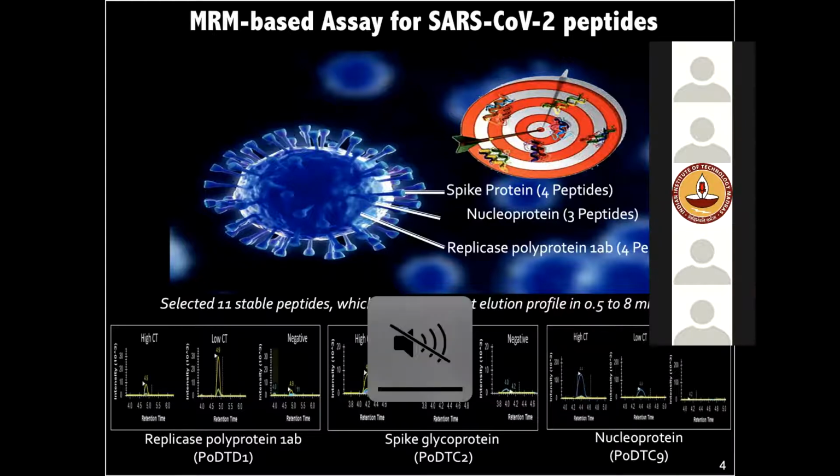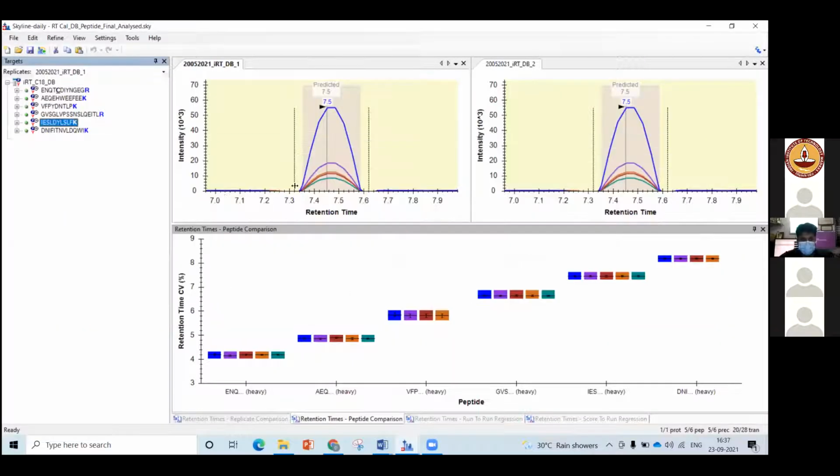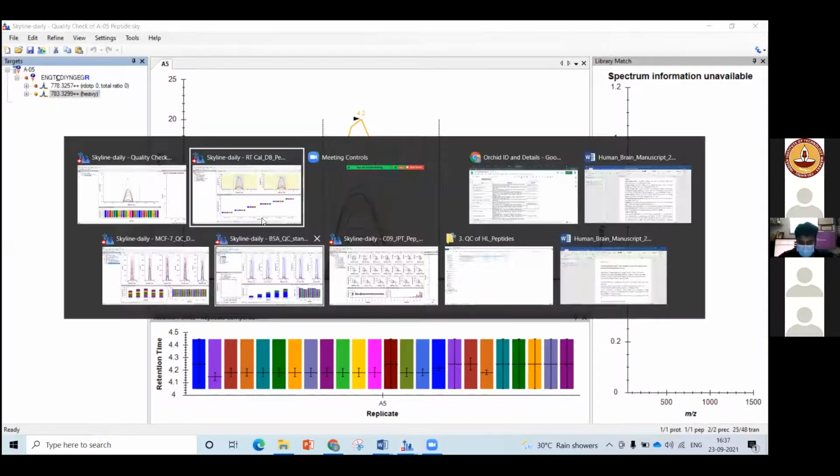Hello. So now let me share my screen once again. Hope my screen is visible. As you have seen, sir has discussed that when we have the targets and we are sure which particular proteins we want to take forward for targeted assay development.